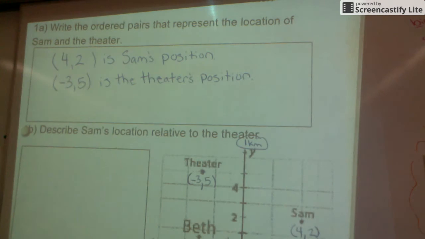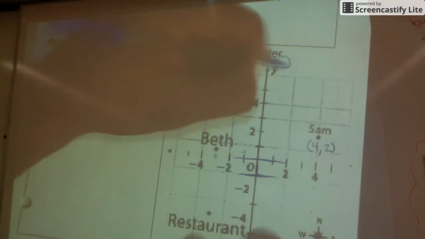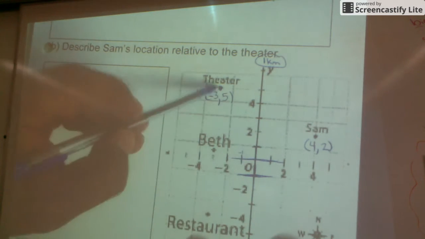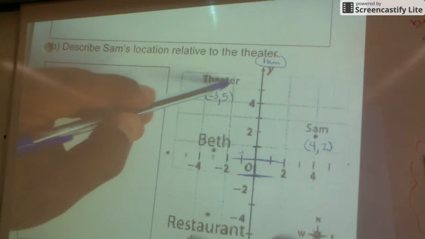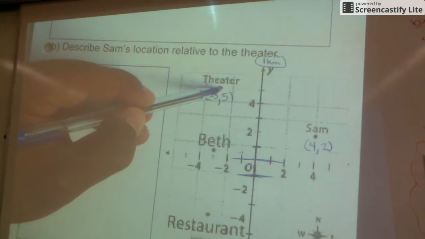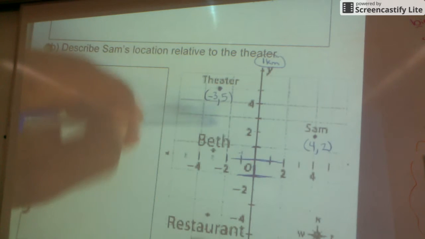Well, if we look at Sam and we think about our compass again, remember, north, south, east, west. Sam is what distance from the theater? Well, first, look at north and south. He is south of the theater because he's below the theater.